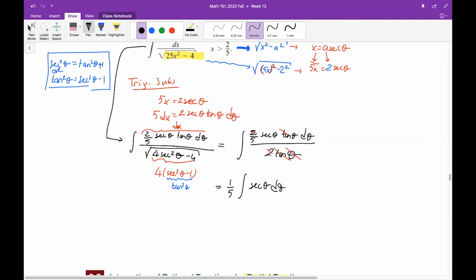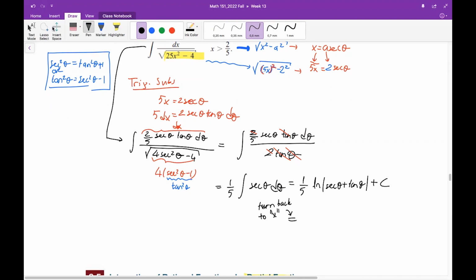We just have this after simplification. So the result is 1 over 5. The integral of secant theta is given by this rule: secant theta plus tangent theta, and then you need to add this arbitrary constant c. It is time to turn back to your original variable x now by using your reference triangle.